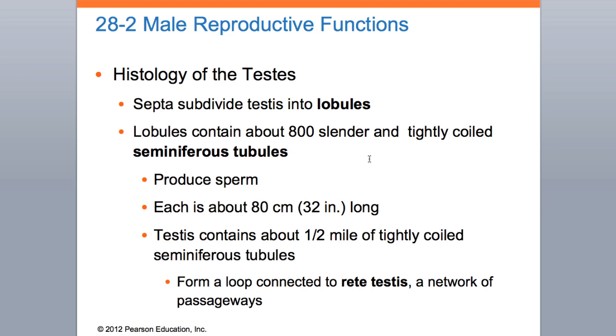So you have a lobe, and within the lobe, you have a tube system called seminiferous tubule. They produce the sperm. The sperms are actually launched in sort of a reverse way, like a ship would be launched. And I have a picture coming up to show you that.